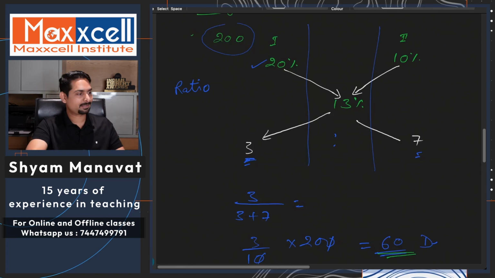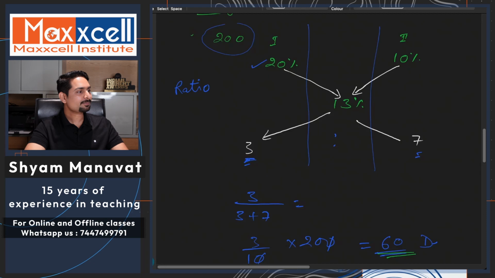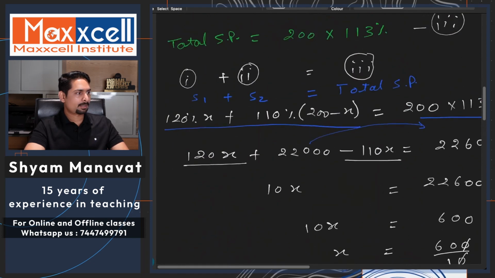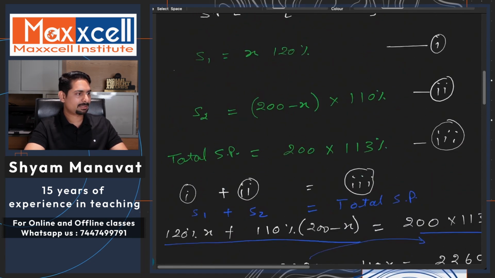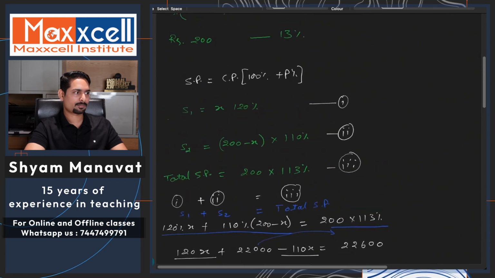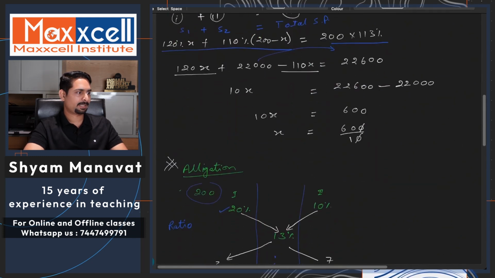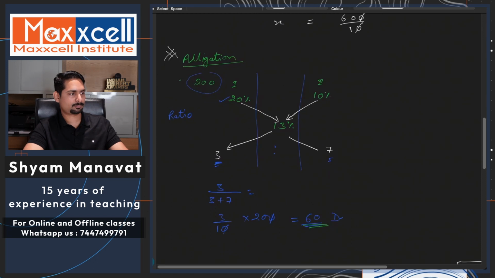We'll discuss it in the ratio proportion chapter. I hope this is clear. This part is clear, and allegation rule for this particular question.